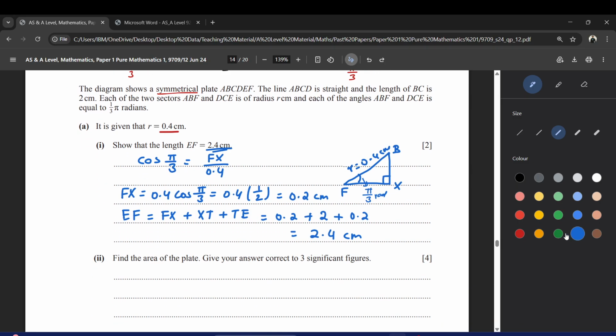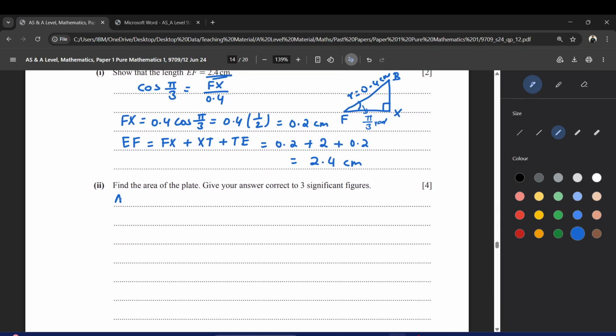So in short, what I can write over here is that area of the plate is equal to area of two sectors plus area of trapezium.